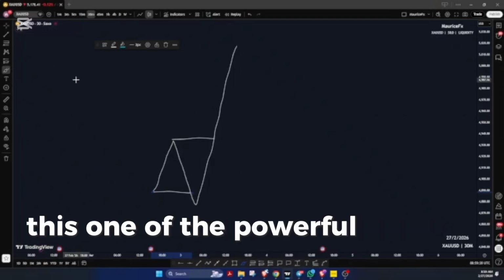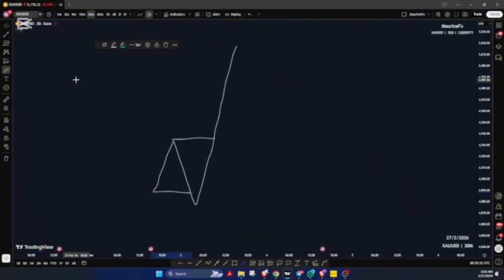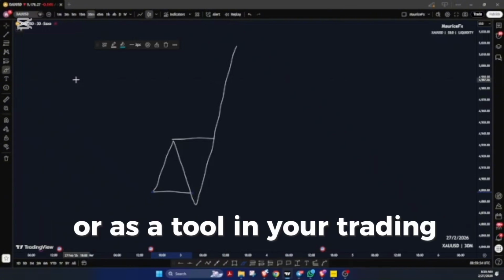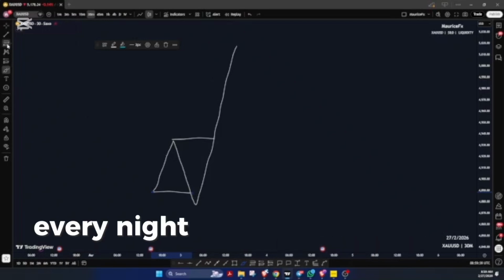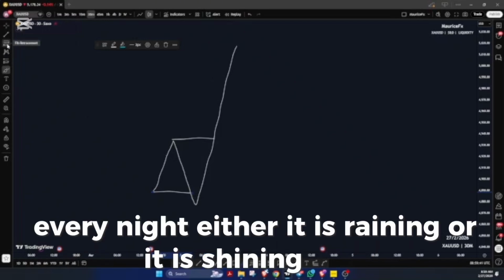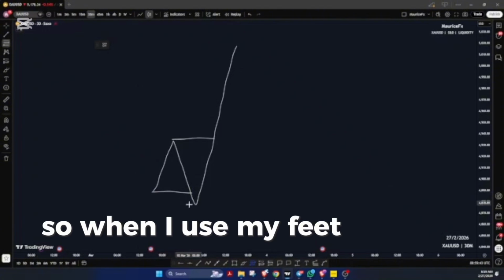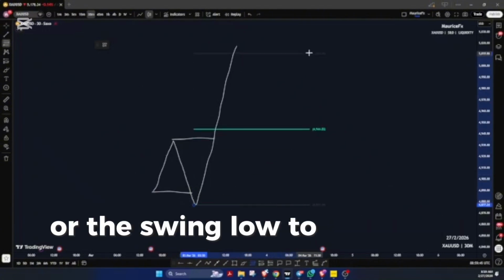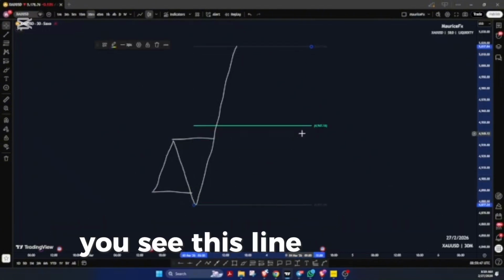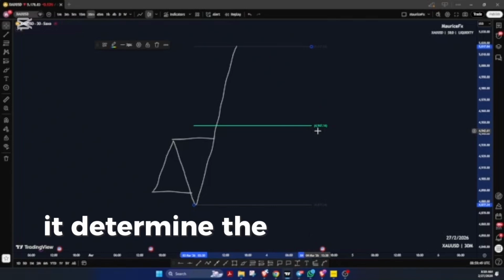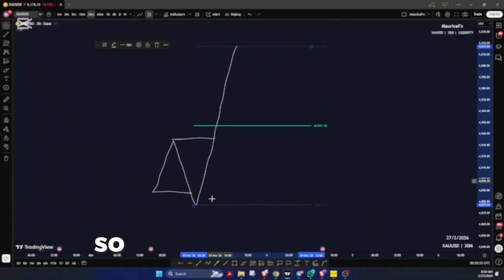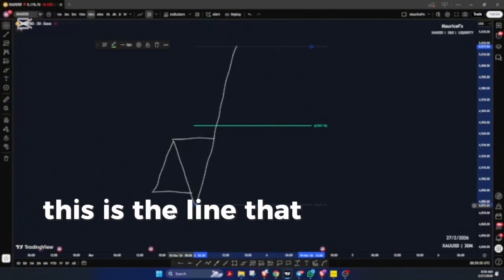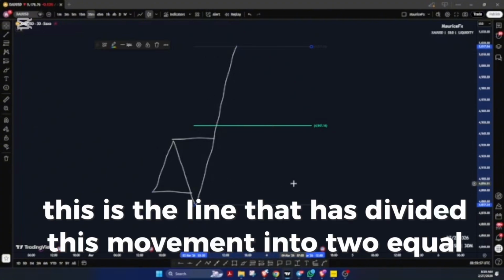This is one of the powerful tools that you can never neglect in your trading analysis, and you need it every day, every night, whether it is raining or shining. So when I use my fib from the swing low to the swing high over here, you see this line is determining the 50% equilibrium of all this movement. This is the line that has divided this movement into two equal parts.